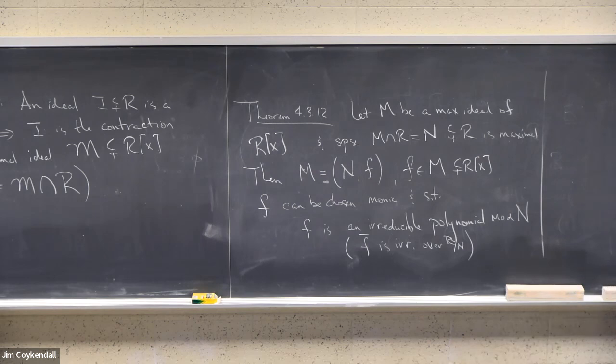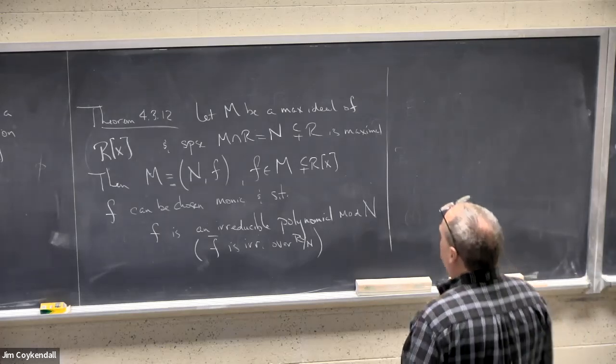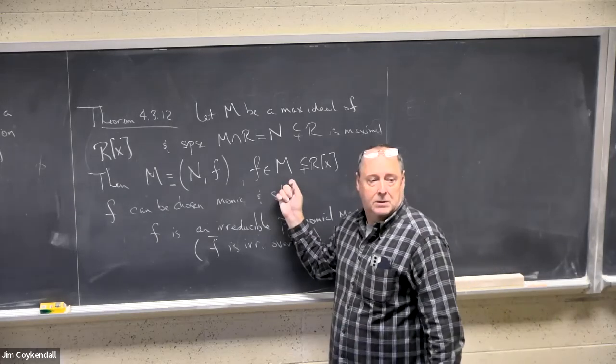So here's the deal. If you have a maximal ideal and you're so lucky that that maximal ideal contracts to a maximal ideal down in R, then that maximal ideal can be generated by the smaller maximal ideal in R plus one other element. And not only that, that other element is going to be a polynomial, right?